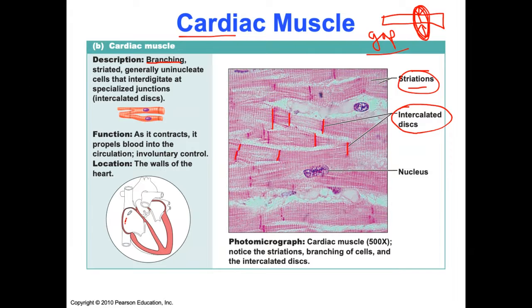Now, the heart, you have the atriums on top, and then you have the ventricles on the bottom. And the pacemaker is up here, right? The SA node is the pacemaker.